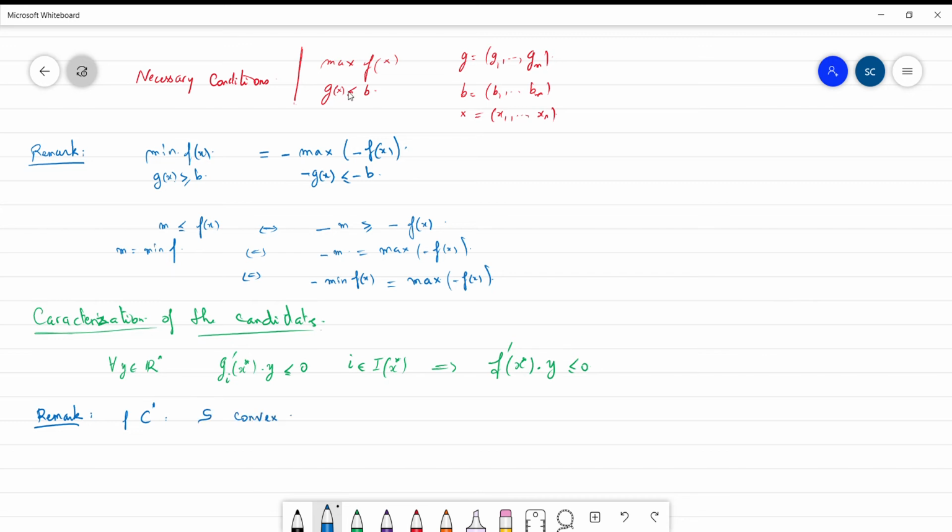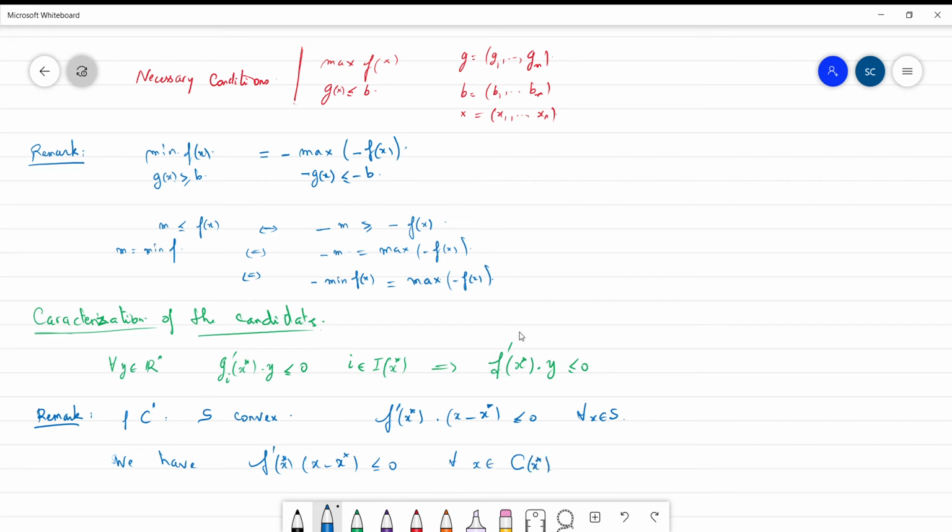When S was convex, we established the characterization of the maximum point as f prime at x star scalar x minus x star being negative for any x in S. What the above lemma says is that f prime at x star, with y equal to x minus x star, is negative for any x in the cone C of x star.